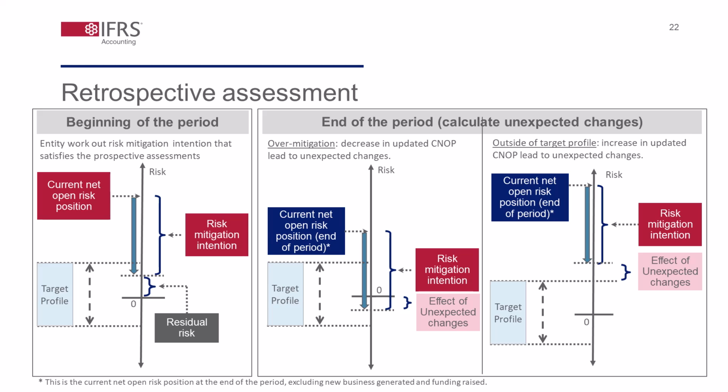At the end of each DRM assessment period, the entity is expected to assess whether A, the entity has mitigated the interest rate risk, and B, the target profile has been achieved.